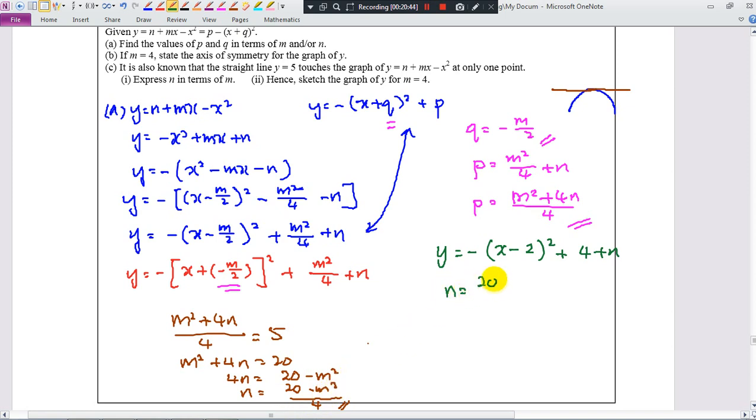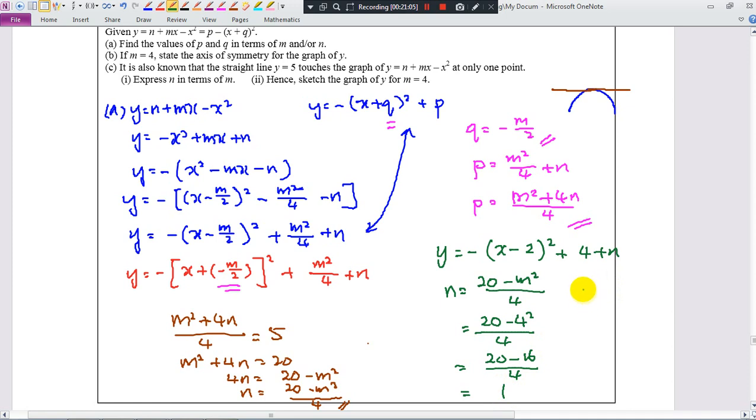n is equal to 20 minus m squared over 4, and m is equal to 4. Plug in 4 here. 20 minus 4 squared over 4. So 20 minus 16 over 4, which will give you 1, right?